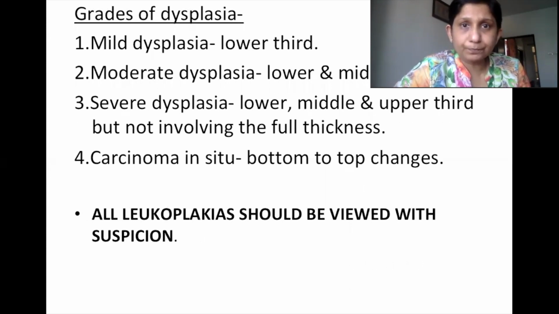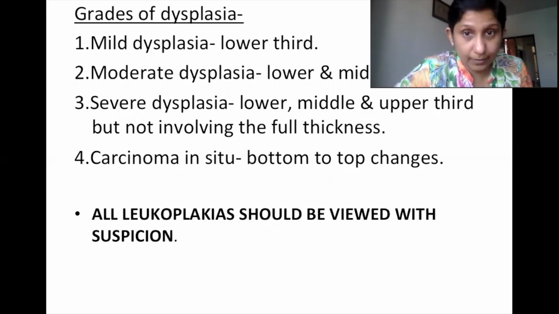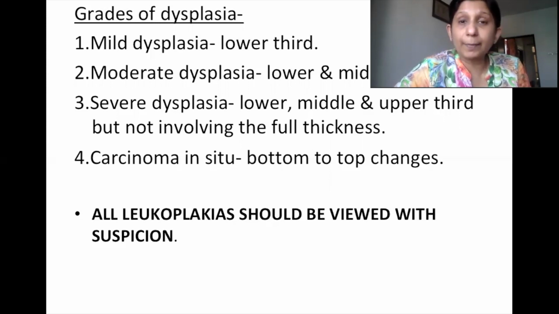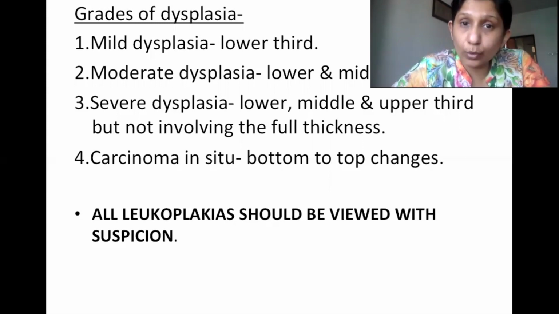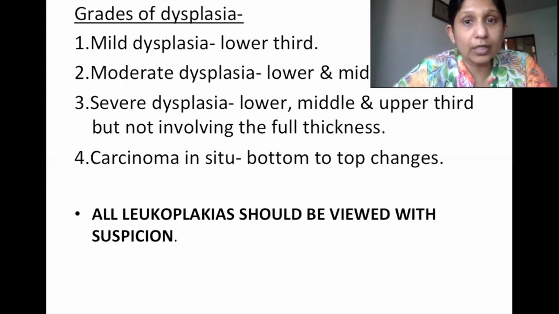Depending on the cytological and architectural features, we can have grades of dysplasia. I said that the histological grades are basically divided according to what you find in the biopsy. So you have mild, moderate, and severe dysplasia, depending upon which layer you can see your dysplastic feature. When the dysplastic feature is seen at the lower third of the epithelium, you call it mild dysplasia. When you find it at the lower third and the middle third, it is called moderate dysplasia.